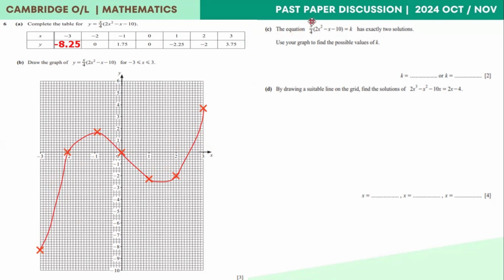The equation x over 4 bracket 2x square minus x minus 10 close bracket is equal to k has exactly two solutions. Use your graph to find the possible values of k. So we know that our y is equal to x over 4 bracket 2x square minus x minus 10. So they are saying to find values of k that would give us exactly two solutions.